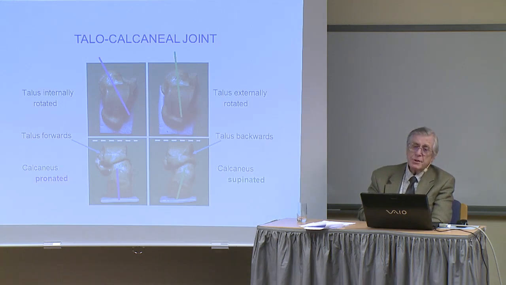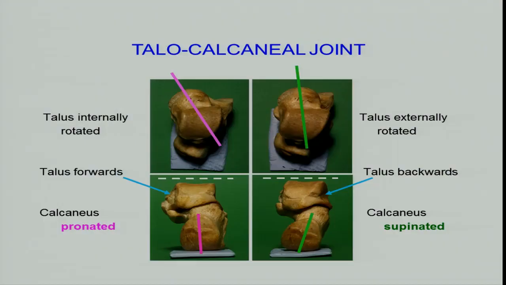So when this rotation occurs, the talus externally rotates over the calcaneus, but if you look at the lower pair, as the talus moves backwards and rotates, its articular surface will go up the slope of the calcaneus.